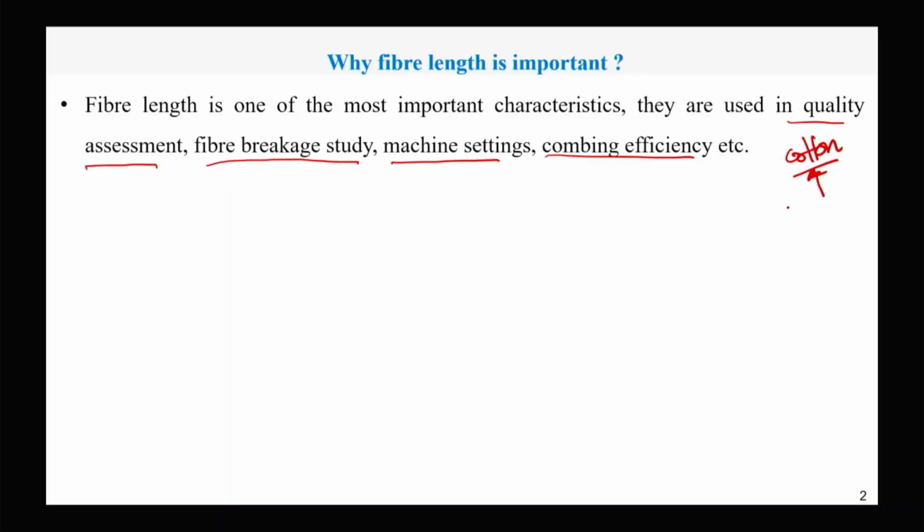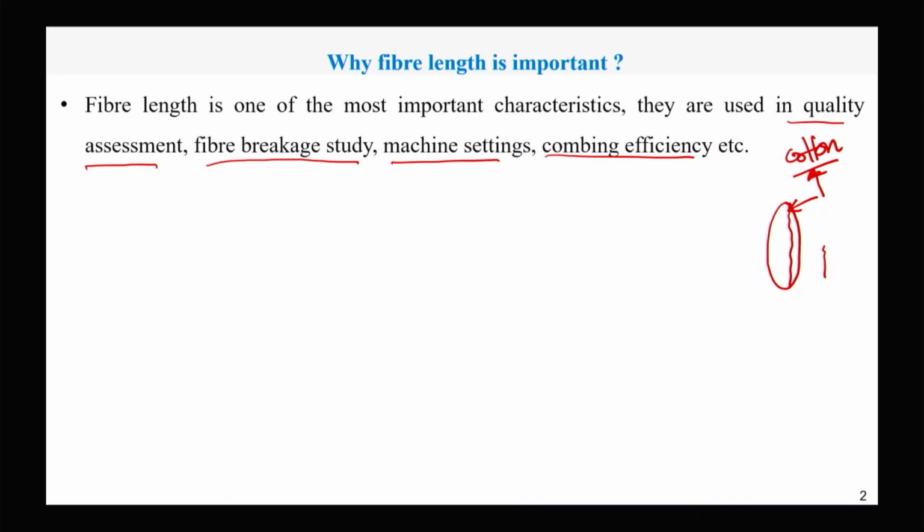If you have two cotton fibers, one with longer mean length and another with short fibers, the longer fiber will result in higher strength of yarn due to higher frictional contact, higher contact area, which will result in better yarn strength.